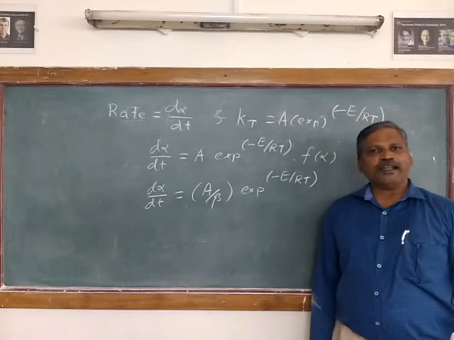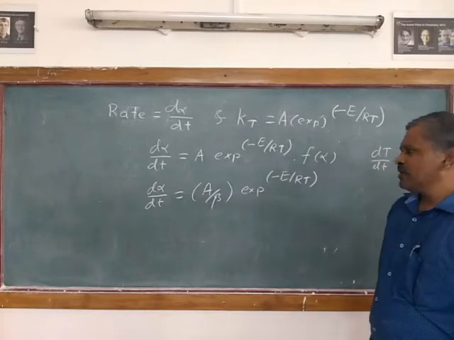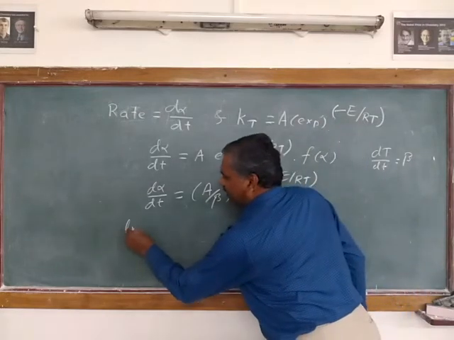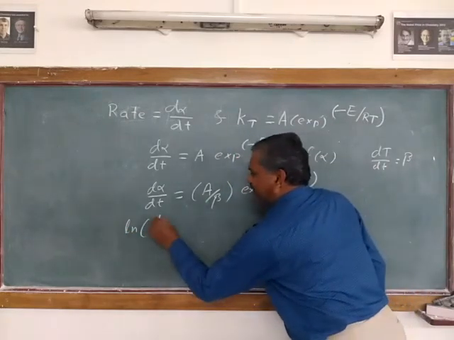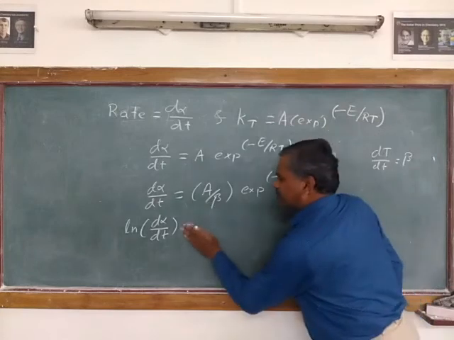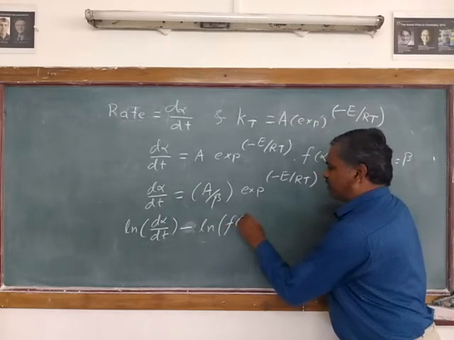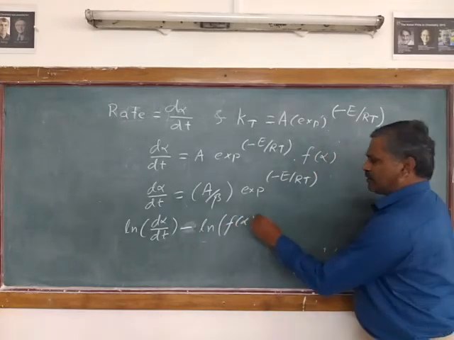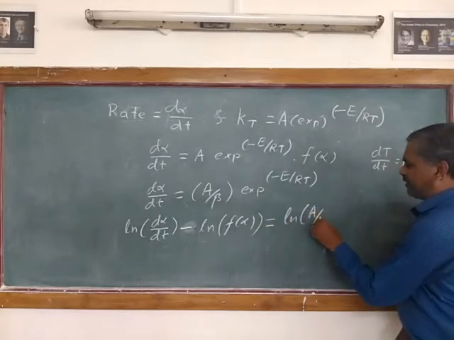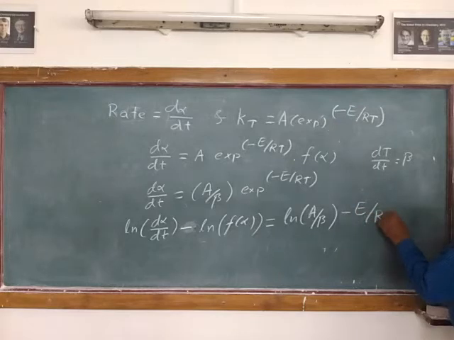So you have to rearrange these terms in the equation and take the logarithm. After rearranging and taking the logarithm, we get ln d alpha by dt minus ln function of alpha is equal to ln A by beta minus E by RT.